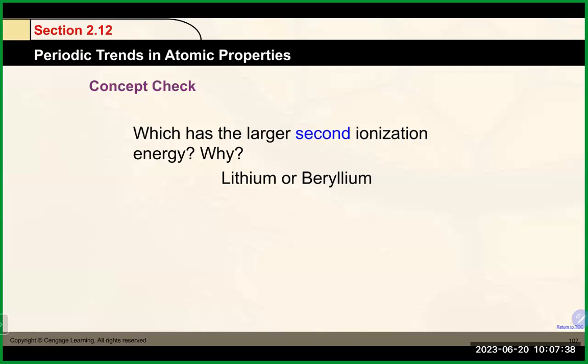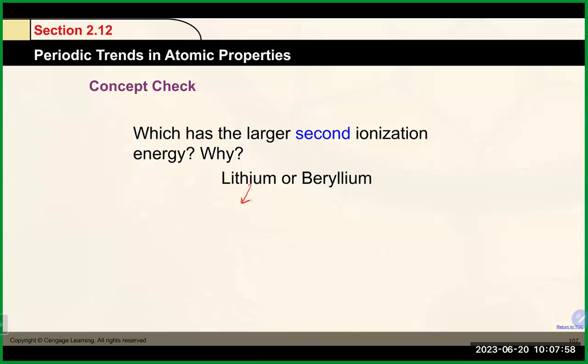Which one should have a larger second ionization energy, lithium or beryllium? Both in the same period. So let's think about it here.